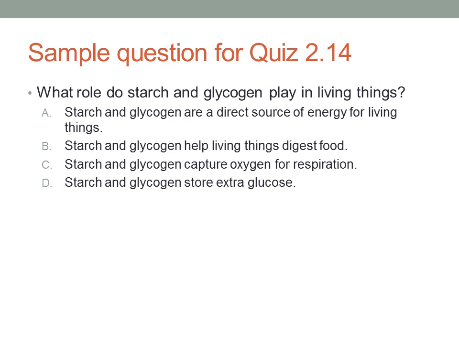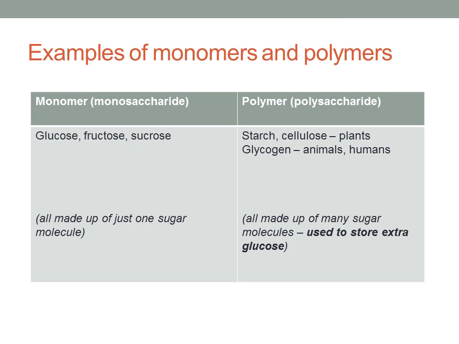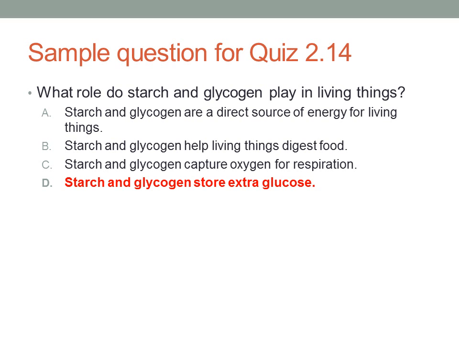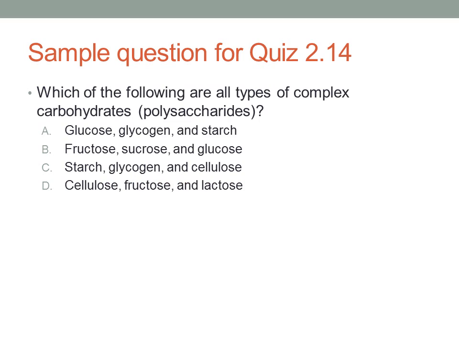But A and D are probably the best two answers, but D is better because we said that glycogen and starch are both ways that our bodies use to store extra glucose. Starch is for plants and glycogen is for animals and humans. So the best answer would be D, starch and glycogen store extra glucose.